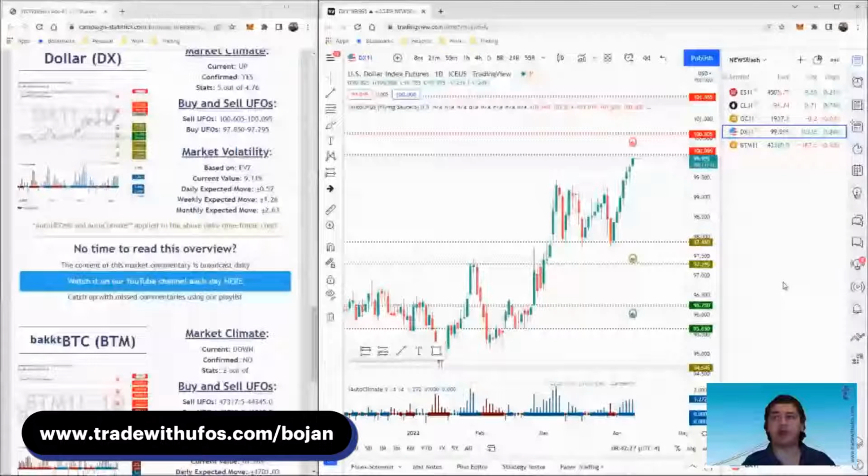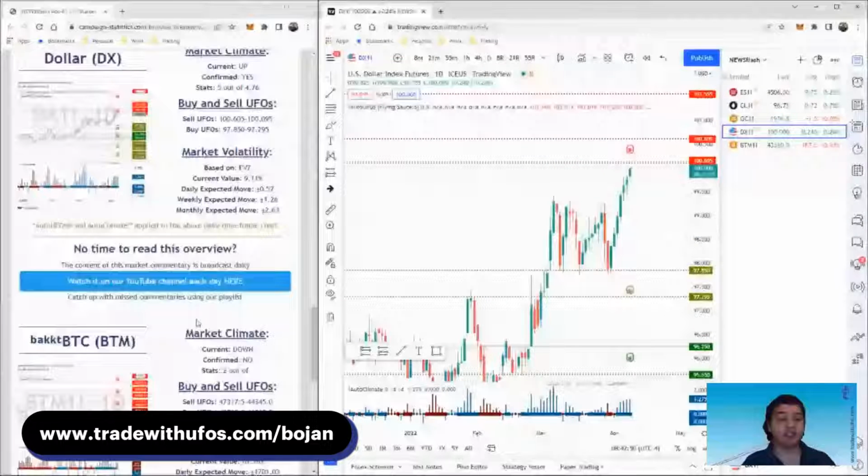Today it may play into effect as far as the price reaction based off of a filled UFO that was there already, since it's very, very close to this 100.095 range.